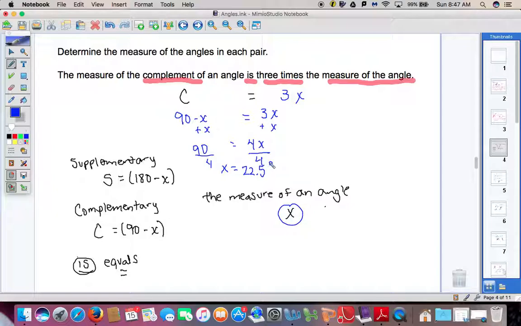So if the measure of my angle, remember that's what x is, is 22.5 degrees, then the complementary angle would be 90 minus 22.5, or 67.5 degrees.